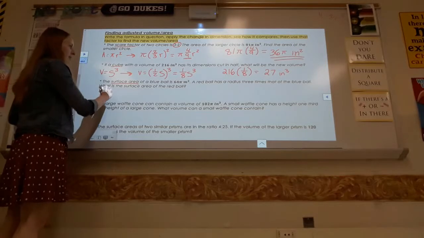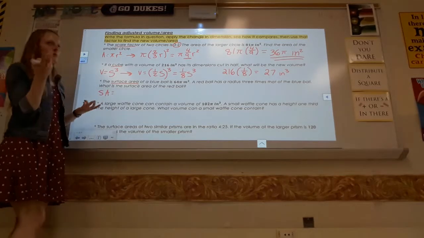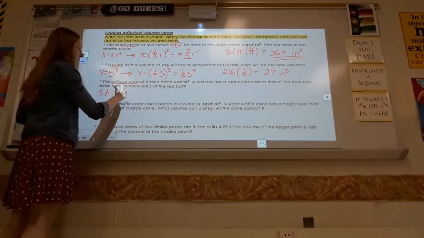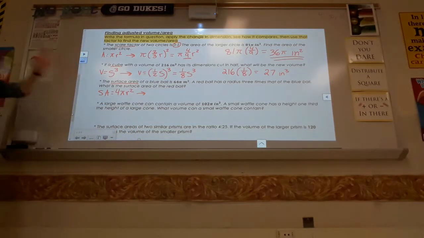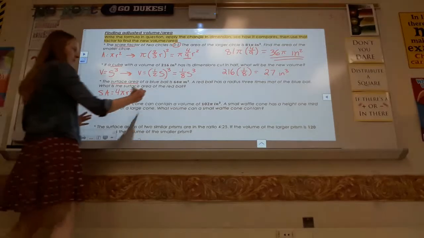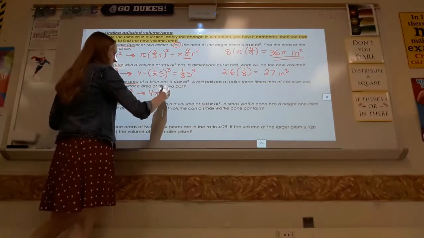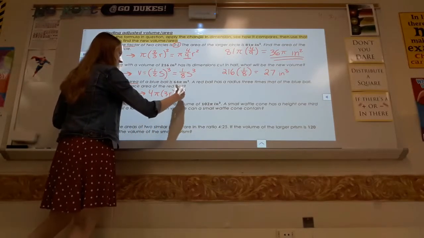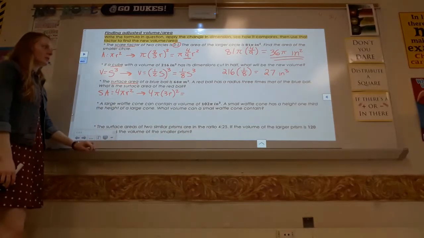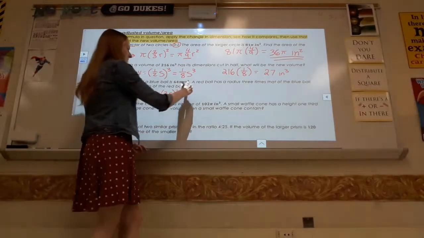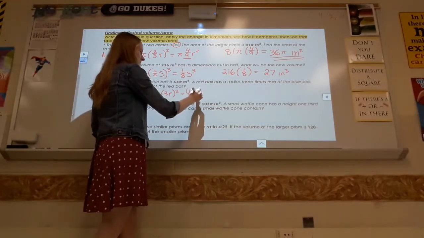So the surface area of a ball or sphere is 4 pi r squared. What's happening? I'm shifting into one where the radius is 3r, so 4 pi (3r) squared, which is 4 pi 9r squared.